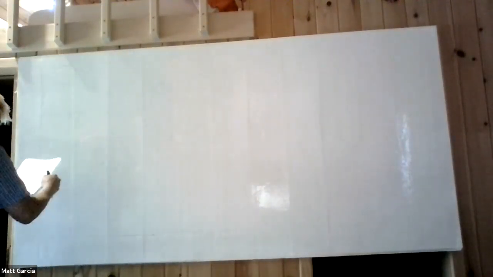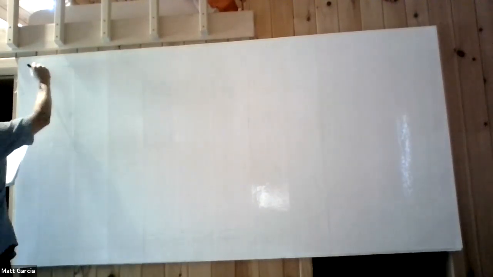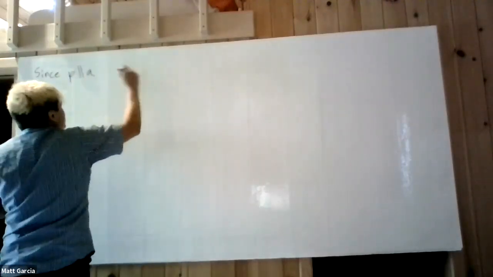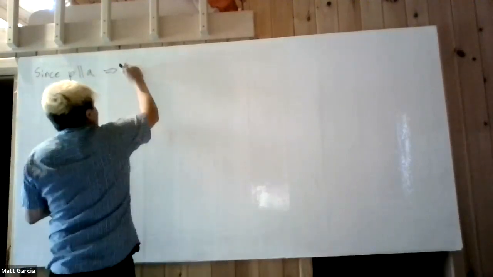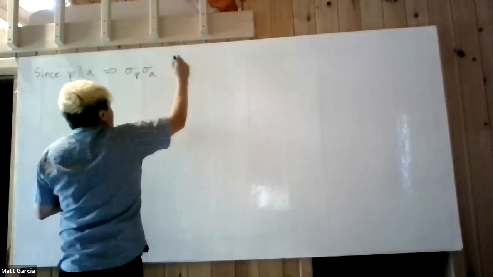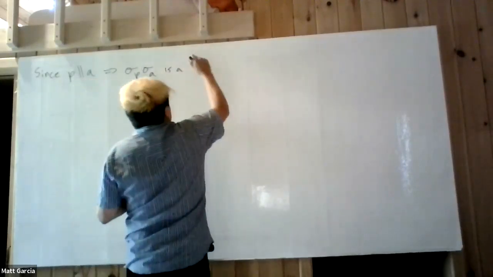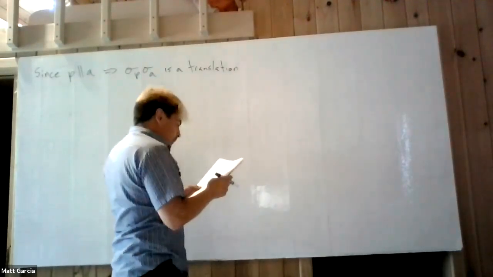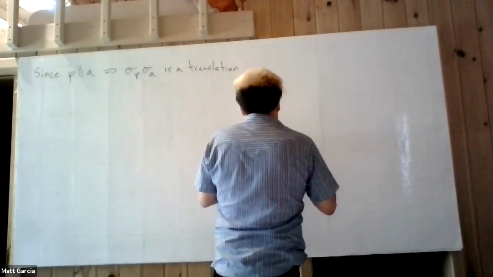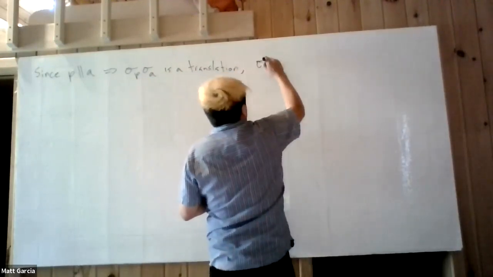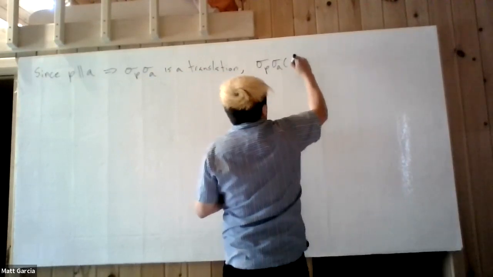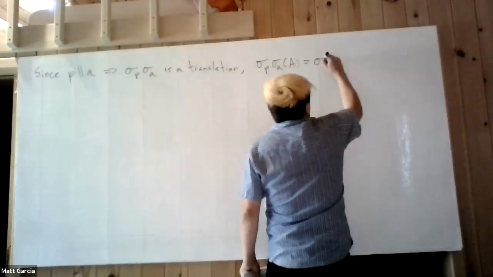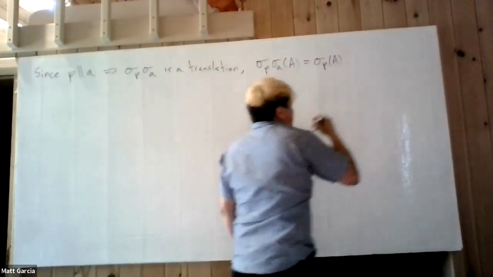But there's even more we can say. Let's record everything we just said. P is parallel to A, which implies that sigma P, sigma A is a translation, which furthermore has the following property. Sigma P, sigma A of our chosen point A is equal to sigma P of A, right?